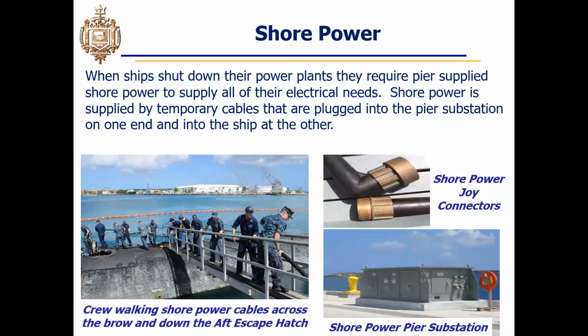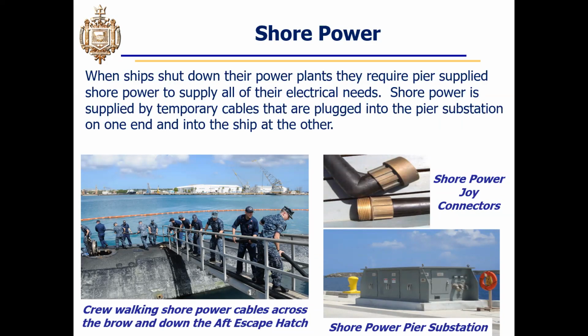Typically for a Los Angeles class submarine or an Ohio class submarine, they have 4 400 amp rated 3-phase cables, and very heavy cables. They have to be walked by the crew from the shore power pier substation across the shore power brow to either the forward or the aft escape trunk.